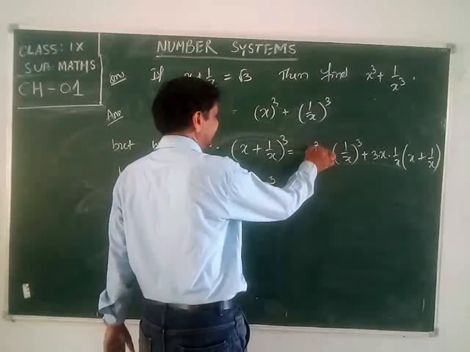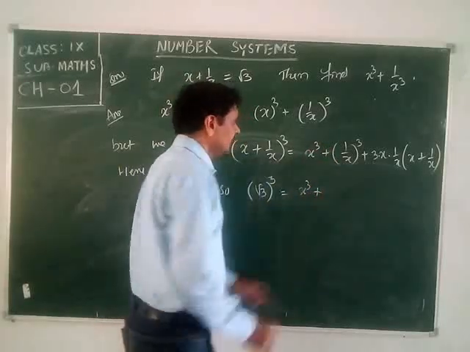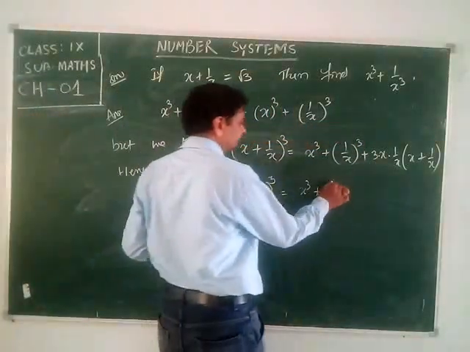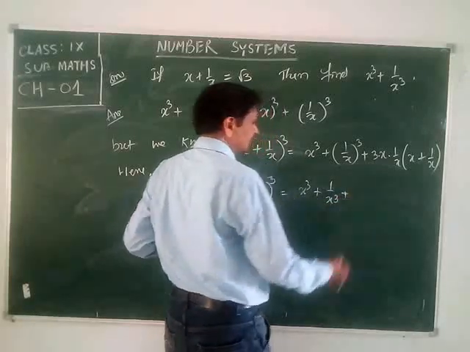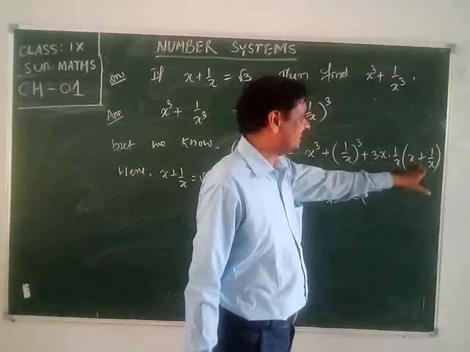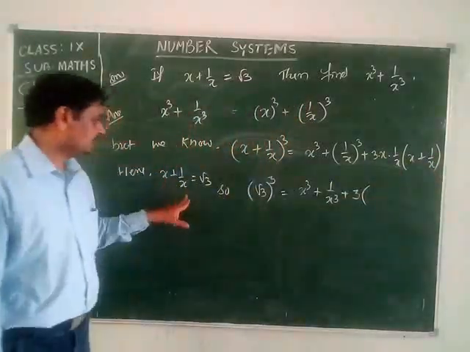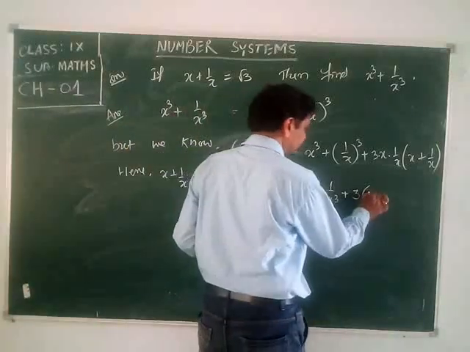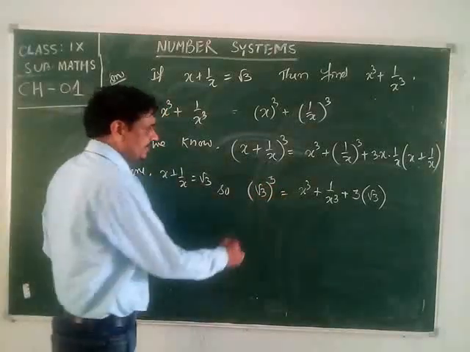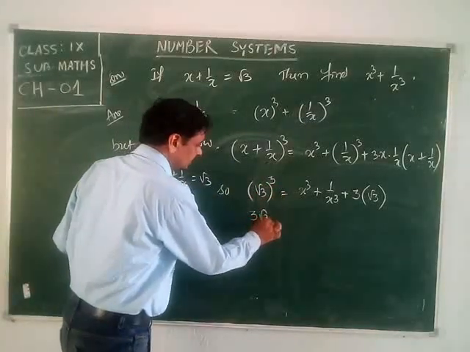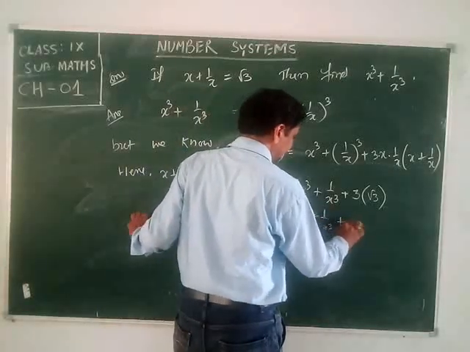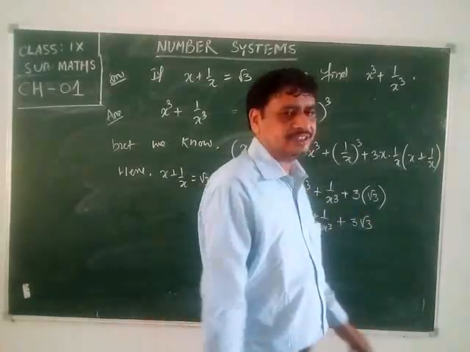This is equal to x cube plus 1 by x whole cube, which can be written as x cube plus 1 by x cube plus, x will be cancelled, remains 3 into x plus 1 by x, that the value is √3. Cube of √3 is 3√3, equal to x cube plus 1 by x cube plus 3√3.